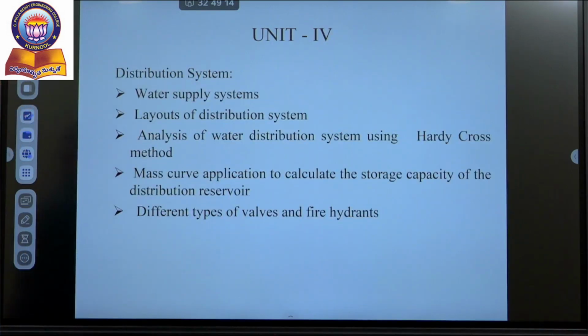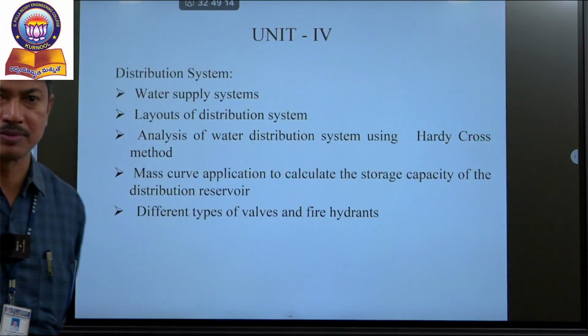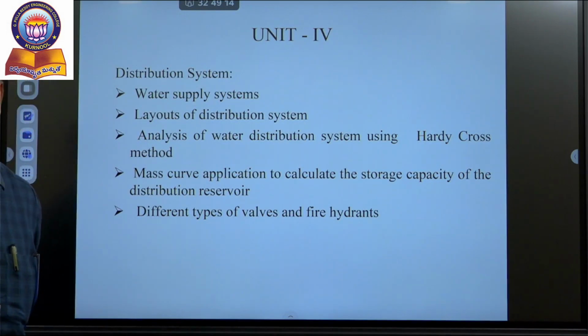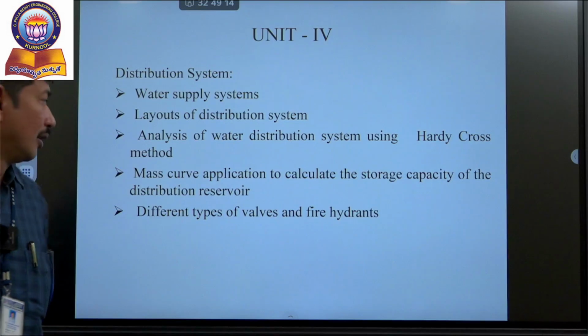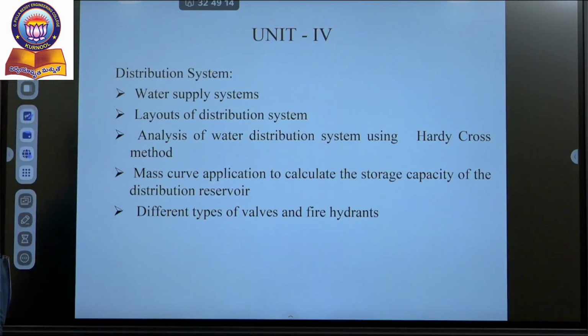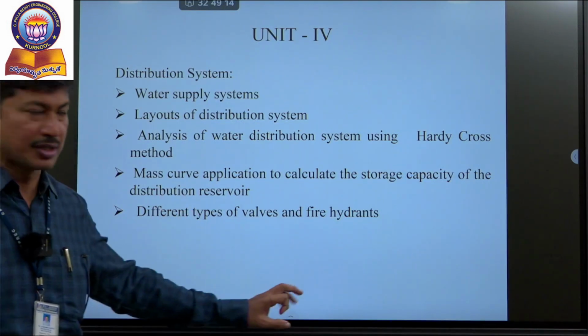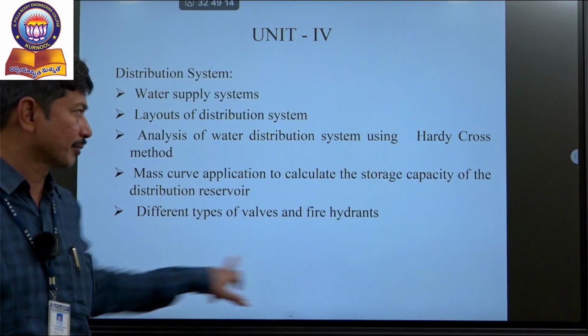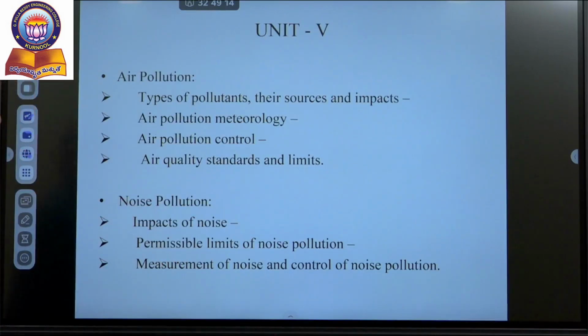And distribution system: systems of water supply, layout of water distribution system, and mass curve application for designing of overhead tank, various kinds of valves and fire hydrants, and distribution by network analysis or the Cross method. Unit 5 is the basic concept of air pollution and noise pollution, their sources and impacts, and how to control them.